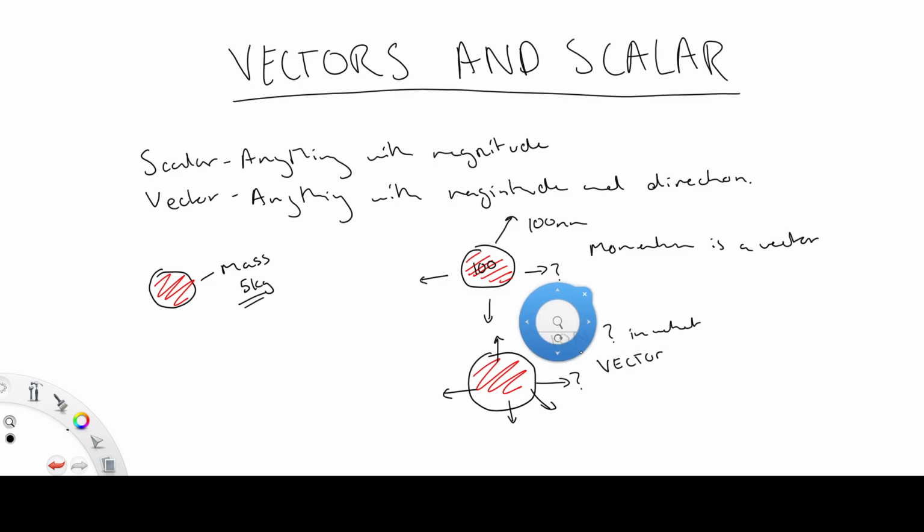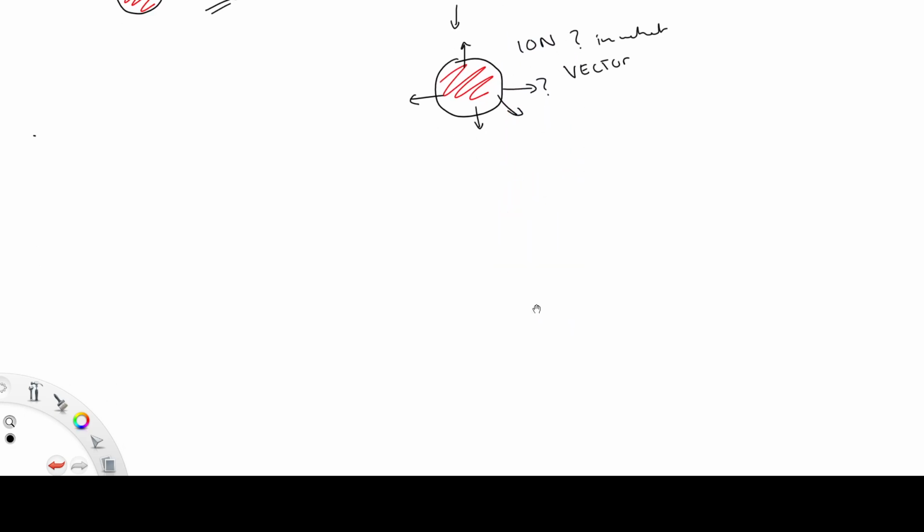Now, something about vectors is, because they need a direction to be described as well, if I say moving toward the right hand side is positive, okay? Let's just say moving toward the right hand side is positive.